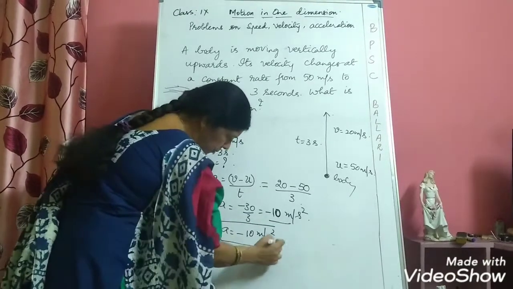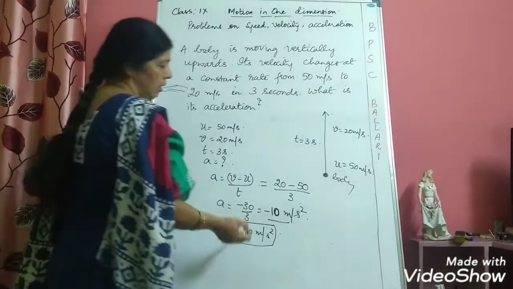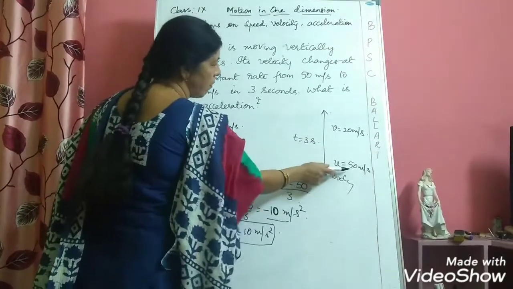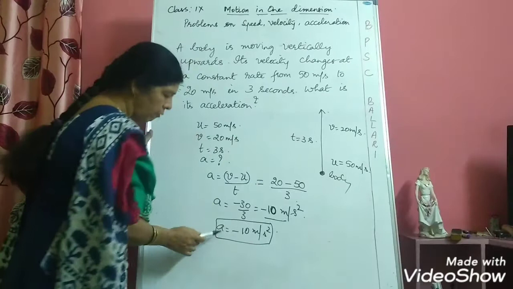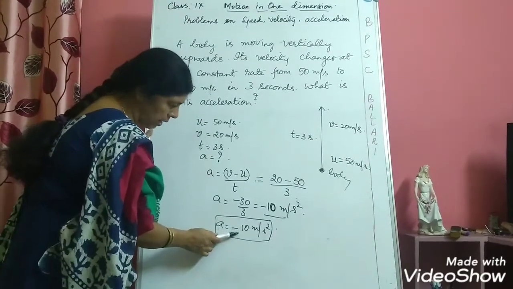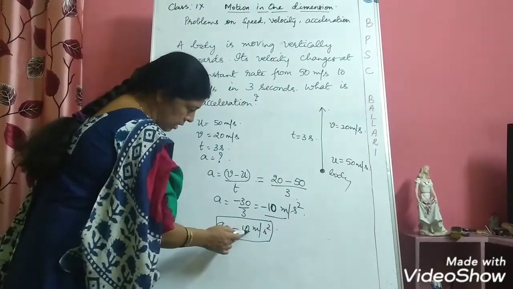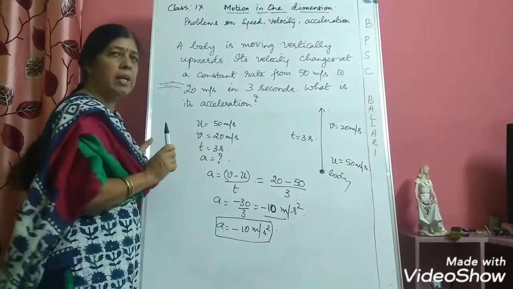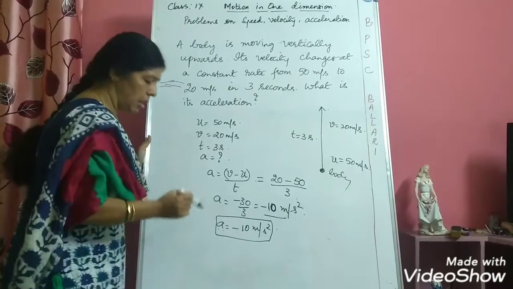What does it mean? It means that the velocity is decreasing. The velocity of the body is decreasing from 50 to 20. Therefore, acceleration we get in minus sign. If there is decrease in velocity, what we will call it as? We call it as retardation.